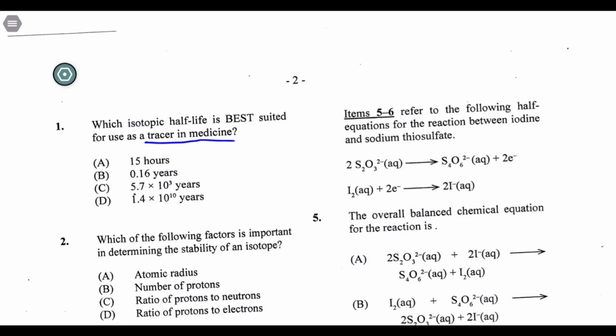So in cases of blockages in the body, the tracer will enter the body, by whatever means the doctor puts it in there, and it will accumulate at the blockage, right? And under an MRI or a CAT scan, it will be able to be seen. So you want something that lasts a couple hours, but not years. That's too long. So number one, the most suitable answer would be A.